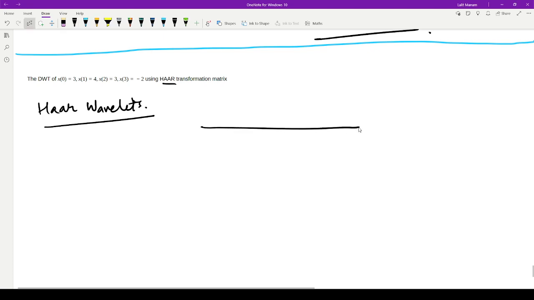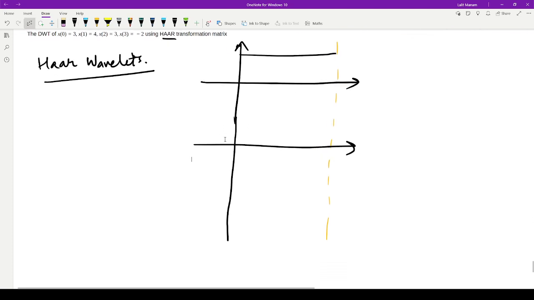The Haar is the simplest one actually. So this is the axis where the signal exists, and these are the different Haar wavelets that I'll be drawing on this axis.